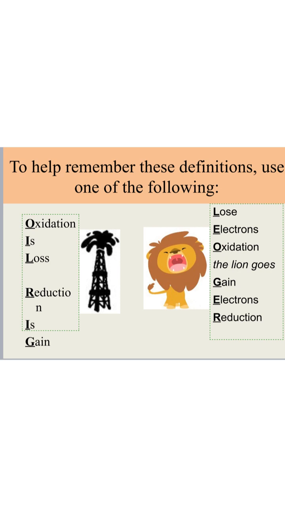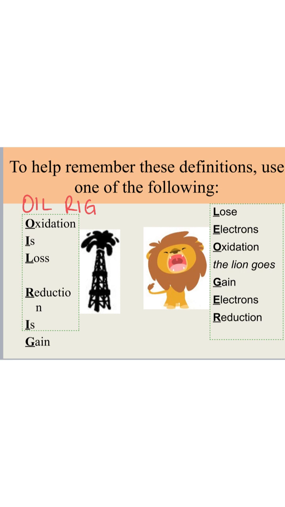So to help us remember those definitions, we can use one of the following little sayings. You can use what we call OIL RIG. This is the one I like to use. Oxidation is loss of electrons, and reduction is gain of electrons.